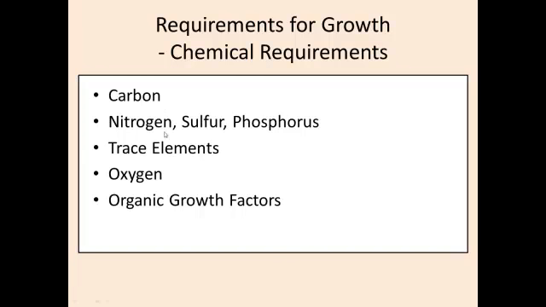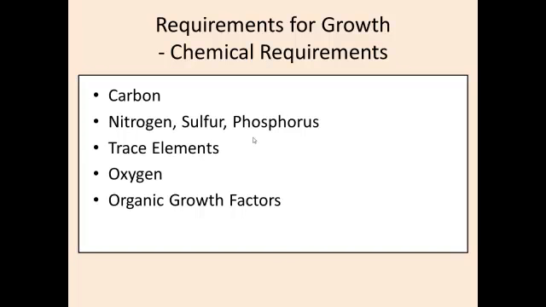Now, what macromolecules do organisms need nitrogen for? What do they need sulfur for? What do they need phosphorus for? Okay. Think back to chapter 2. There's 2 macromolecule types that need nitrogen. And that would be proteins. Remember, they've got an amine group, and it would be nucleic acids because they have that nitrogenous base.